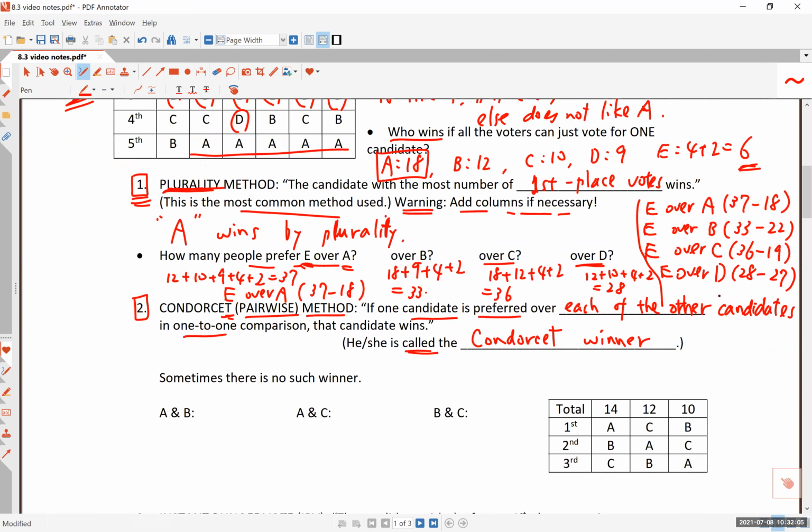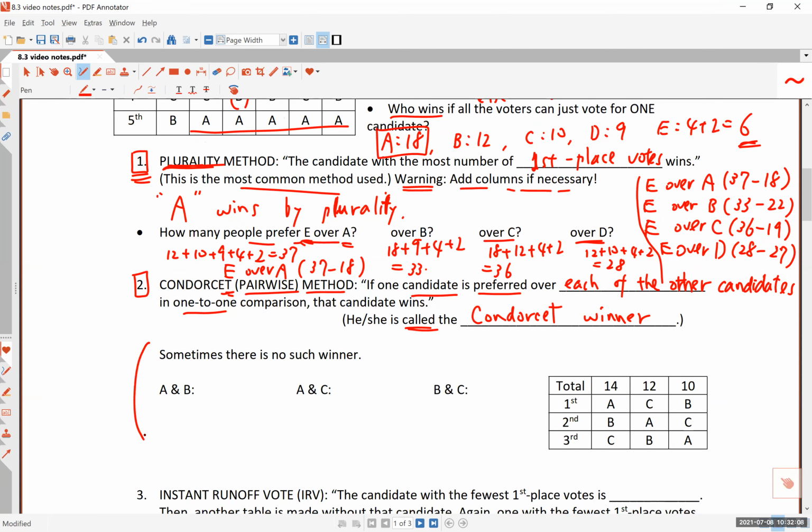Okay, now here's another smaller version of, well, it's a different election altogether, but look at what happens here. You only have 3 candidates. If you compare A and B, A is preferred over B in these 2 columns. Oh, by the way, here you have 14 plus 12 plus 10, that's 26, 36 people are voting in this different election, right? 36 people.